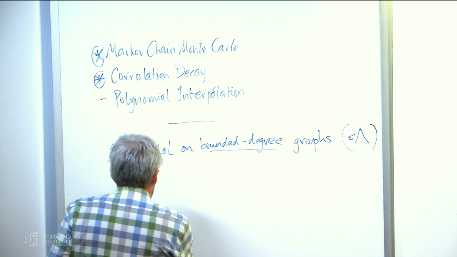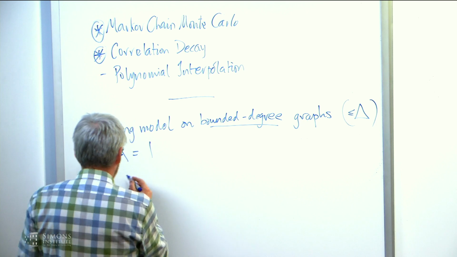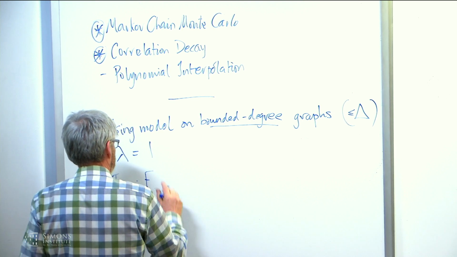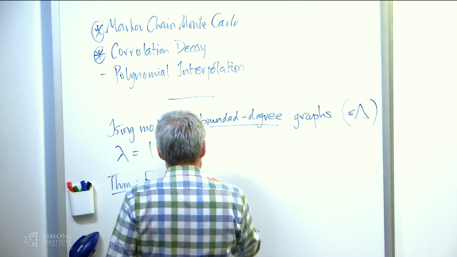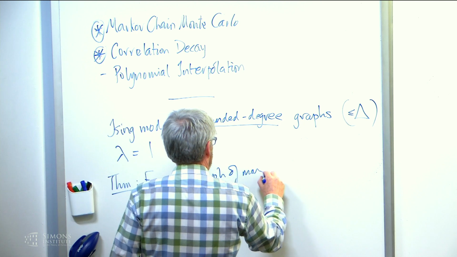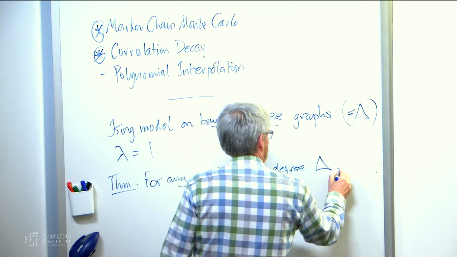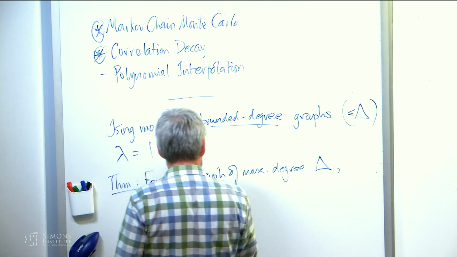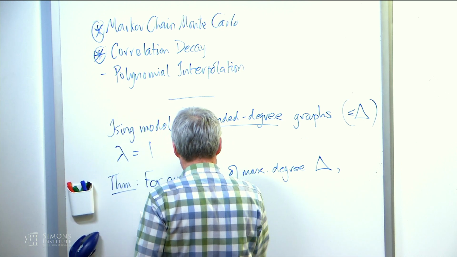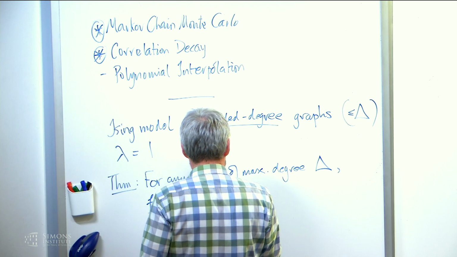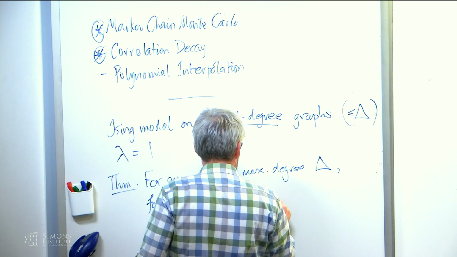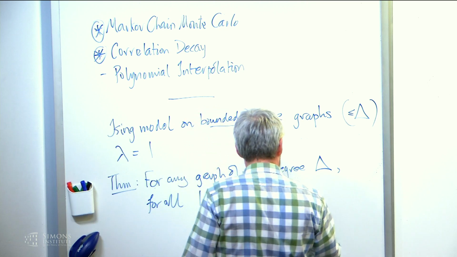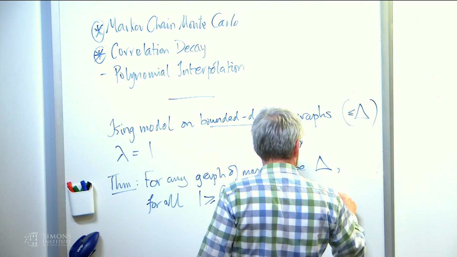And so the remarkable fact here is that for any graph of maximum degree delta, for all beta between 1 and a critical temperature, a critical beta, there exists a polynomial time algorithm.